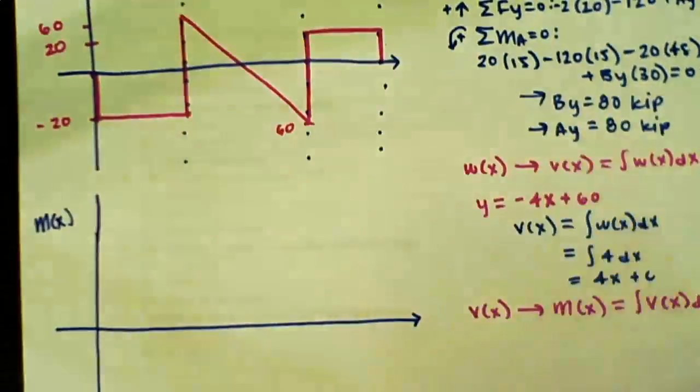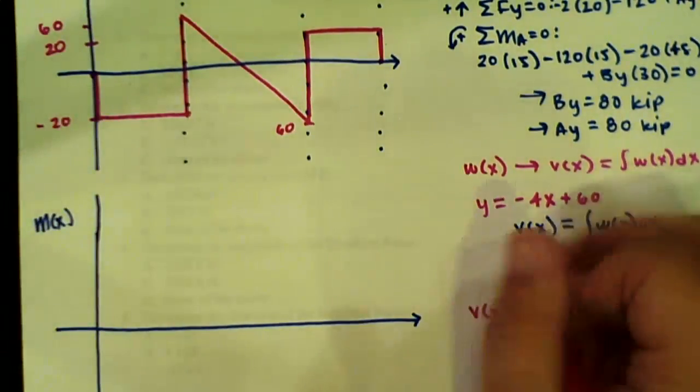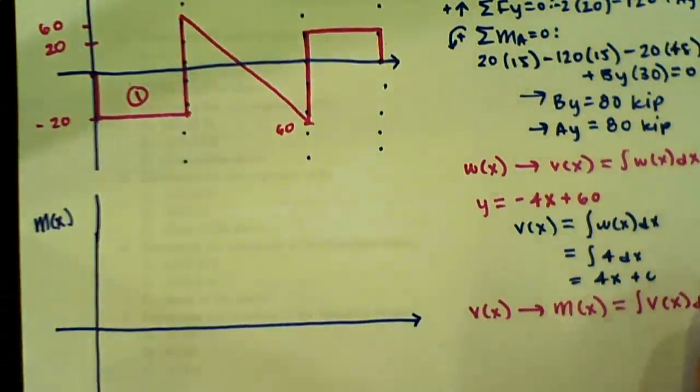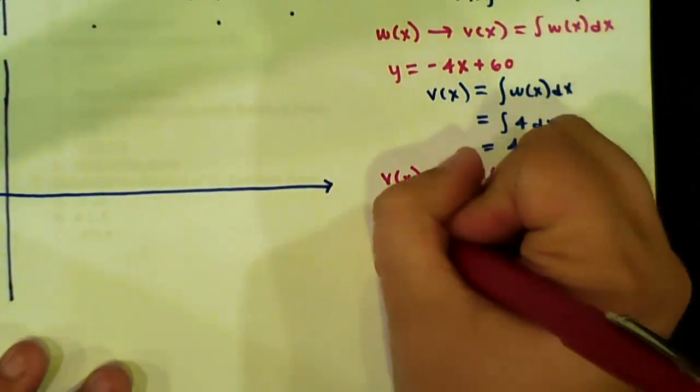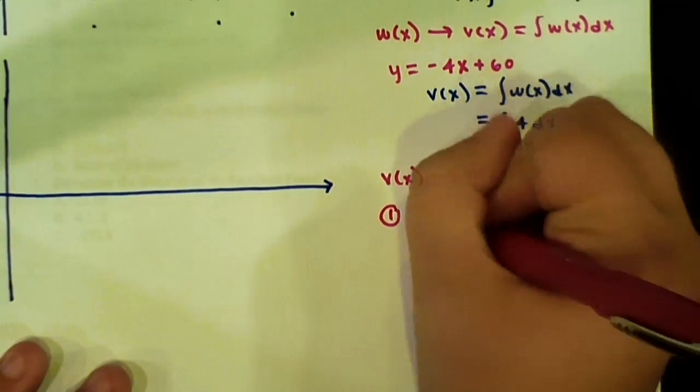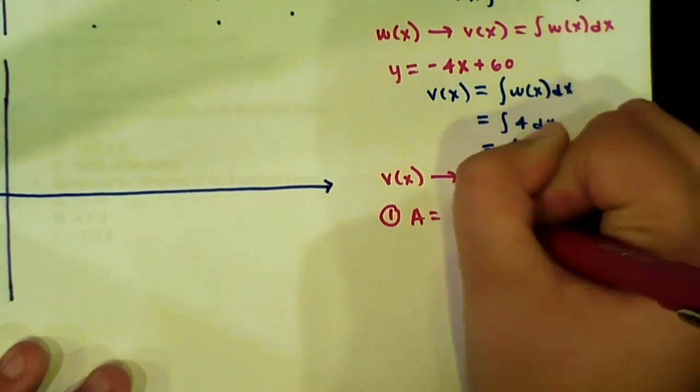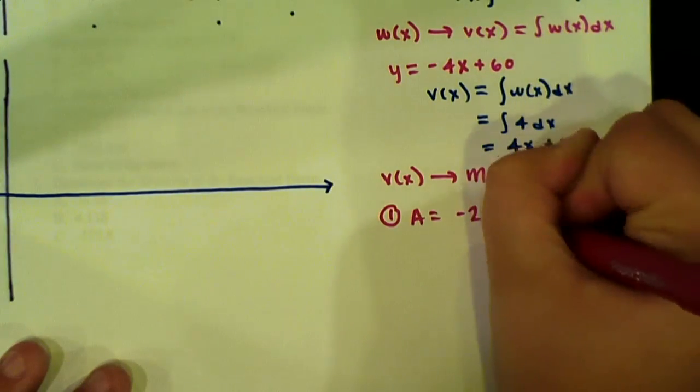So it's going to end up being a linear function once we take the integral of it. If we just take the area of our square here, I'll call it 1, the area of our first square is going to be negative 20 times 15.